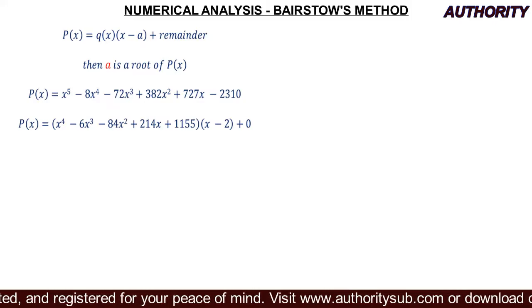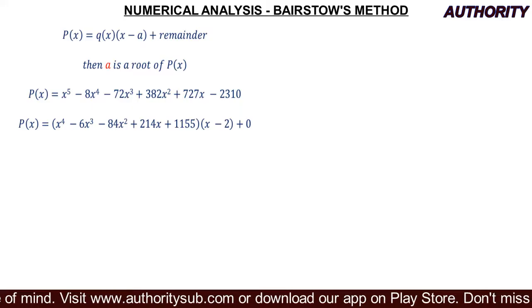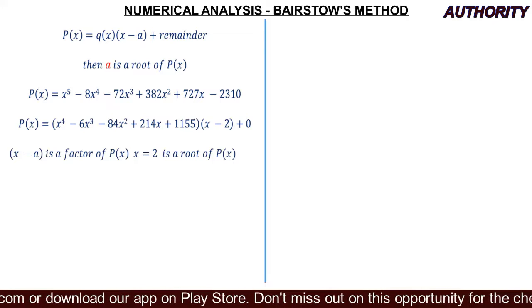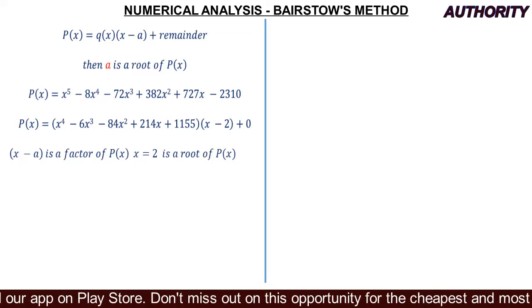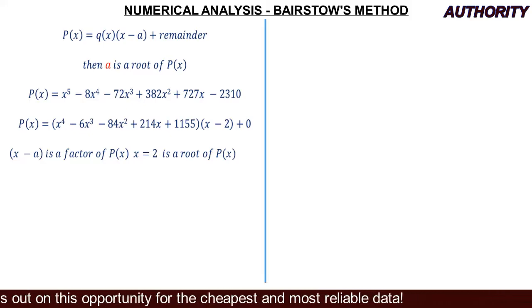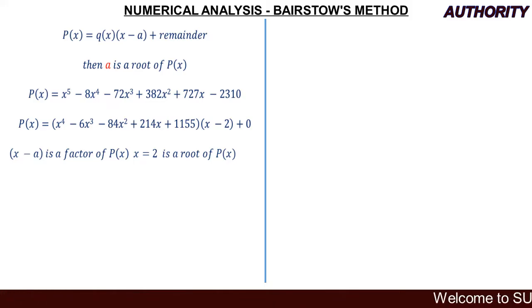Now we see that these two polynomials are equal, they are the same. In this case, x minus 2 is a factor of this p of x. Since it is a factor of p of x, that is to say that 2 is a root of p of x. That is, when you pass 2 into this p of x, or when you find p of 2, it is going to give you 0.